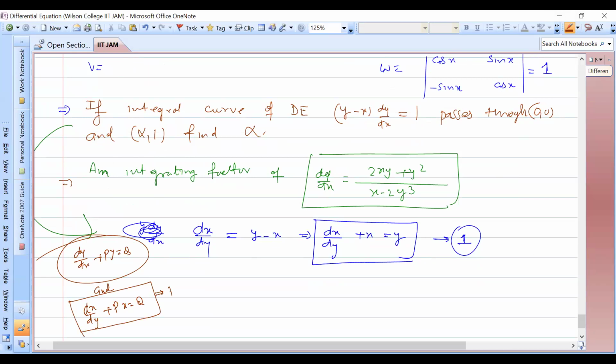And here P and Q are functions of y only, or constants. In the first form, P and Q are functions of x only, or constants. So what is the integrating factor here?